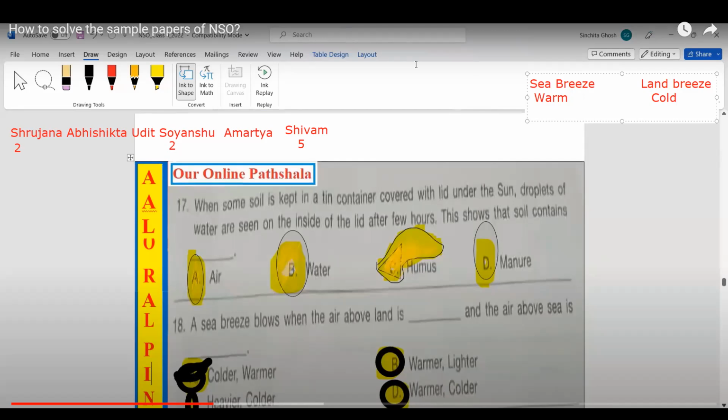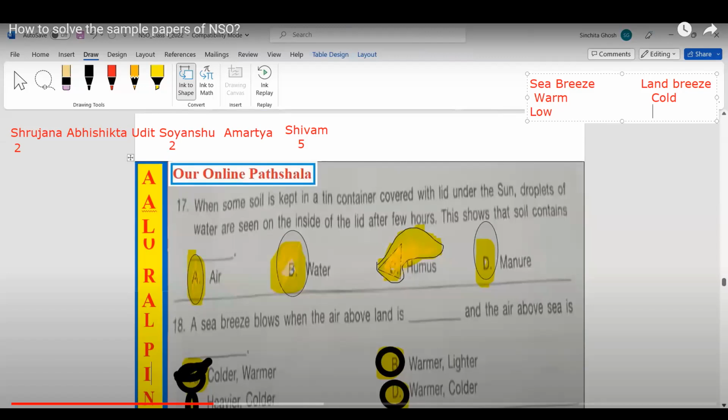What is the pressure there? Low pressure. Yes, very good. When the sea is warm, we have low pressure. Wait, let me explain this, then you can answer better.